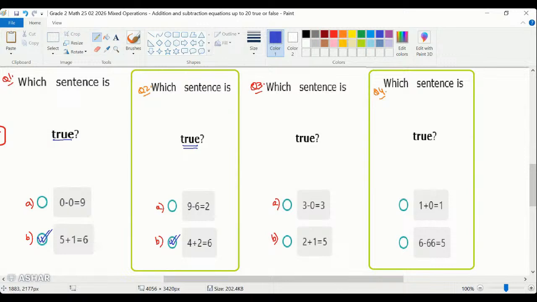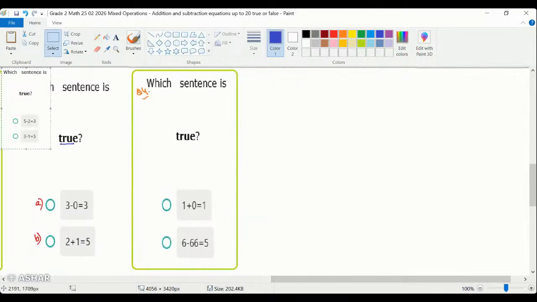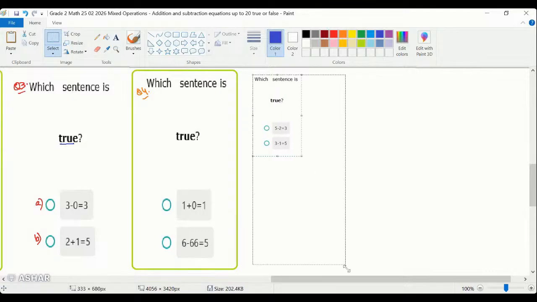What about question number 3? They're still asking about the statement which is true. Question number 3, the options are 3 minus 0 is 3 and 2 plus 1 equals to 5. Let's do this. Question number 3, can anyone give me the answer?